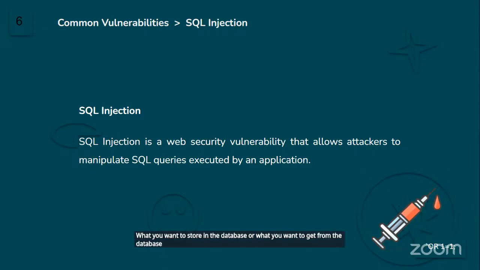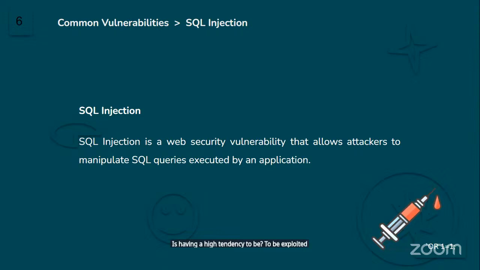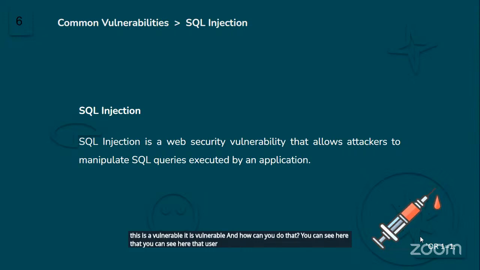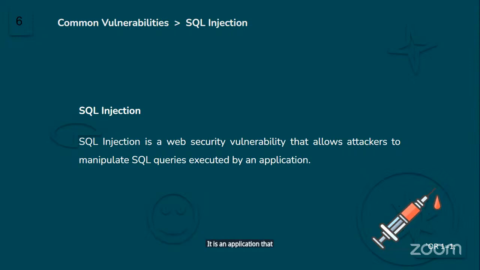And if we use this approach, definitely the application and its database have a high tendency to be exploited, because this is a vulnerability. It is vulnerable. And how can you do that? You can see here, for example, it is an application that requires a user to register or to log in with a username and then password.